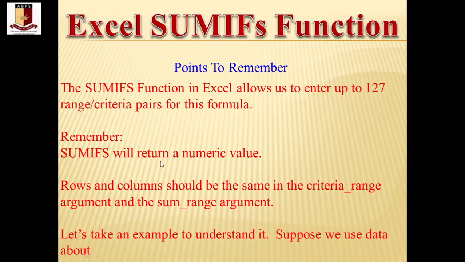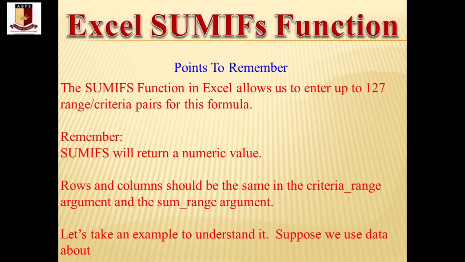The SUMIFS function returns a numeric value, so whenever you apply it you will get the answer in number form. Got it? Rows and columns should be the same in the criteria range and argument. So now let's take an example so you can easily understand, then we'll come back to the presentation.